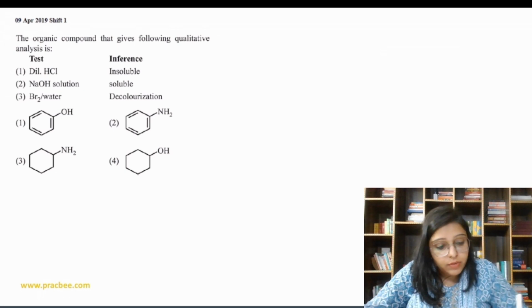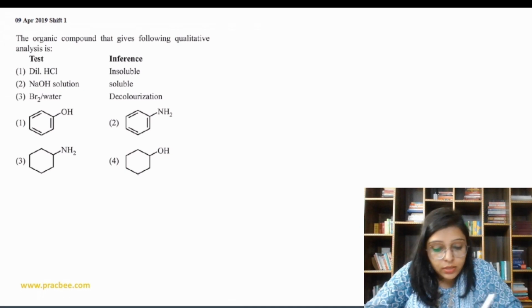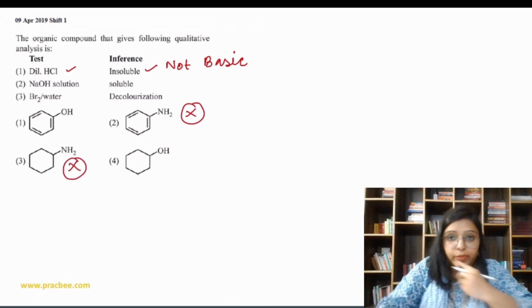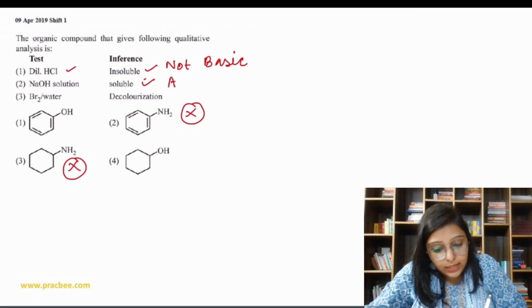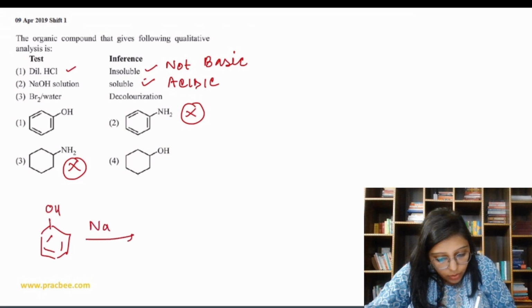So the first question is, the organic compound that gives the following qualitative analysis. Dilute HCl insoluble, it means it is not basic. If it is not basic, option 2 is incorrect, option 3 is incorrect, right? Next, NaOH soluble. So it means it is acidic. If we have OH, then in the presence of NaOH we write ONa, right?